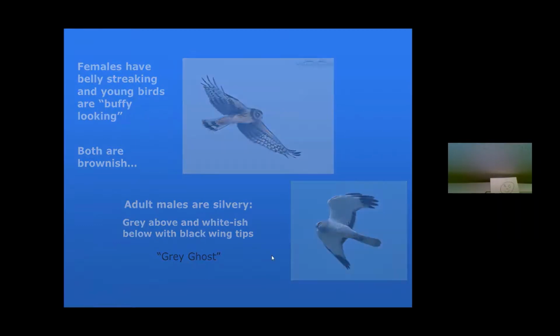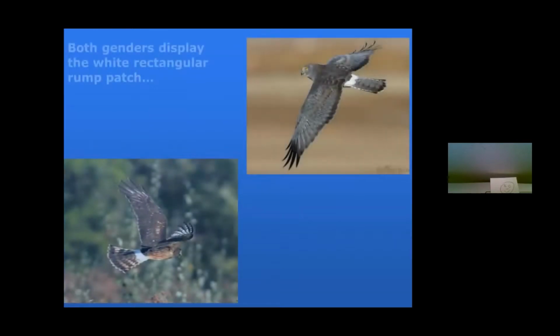I thought I had a white rump patch picture in here. There it is. Both sexes will display the white rectangular rump patch. Now, having said that, other birds in flight display a white rump patch, like Cooper's hawks and red-tailed hawks, but they won't have these other characteristics like the long wings, the long tail going along with that.